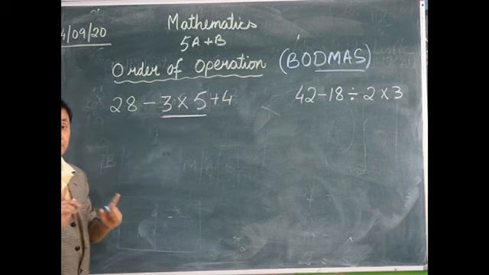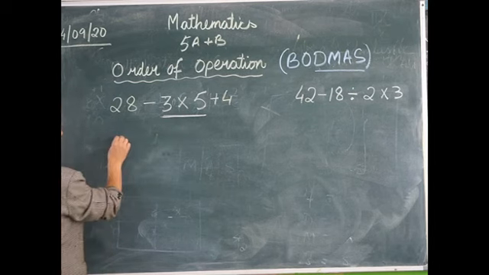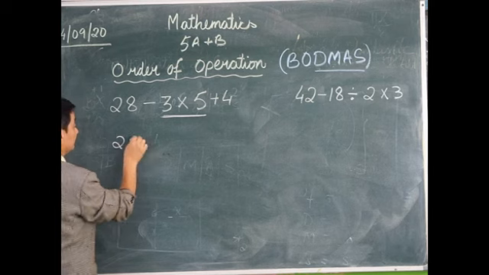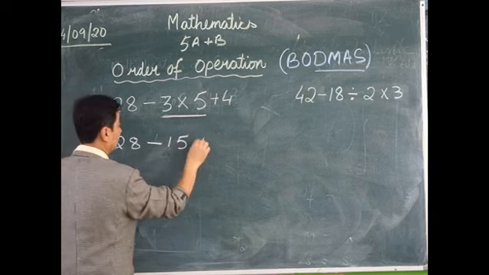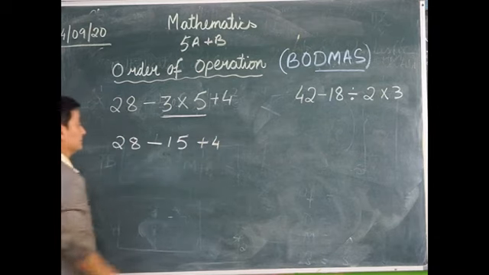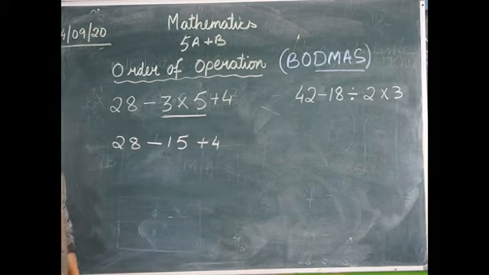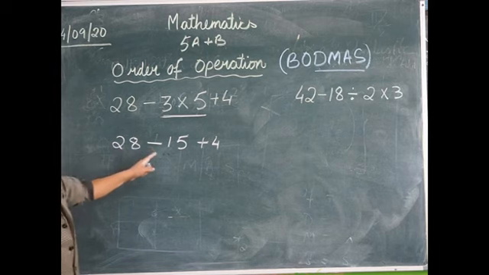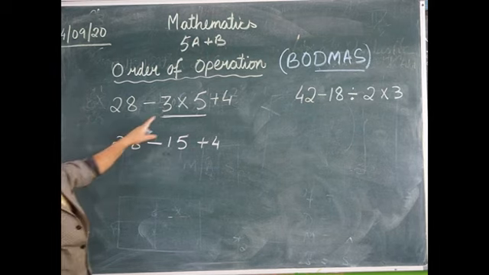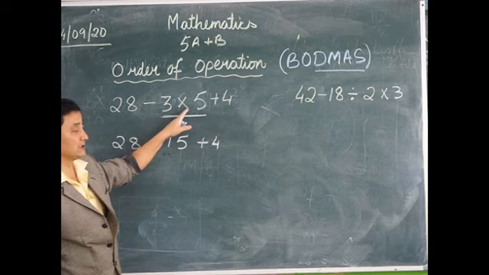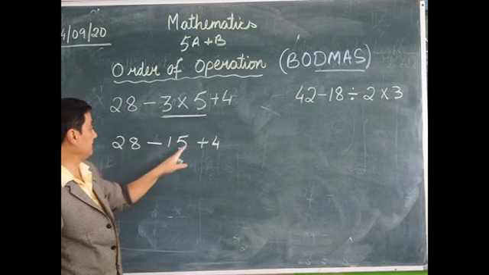So the other numbers remain the same. 28 minus 15 plus 4. Okay? Again, 28 minus 15 plus 4. This number comes here. We have to do multiplication first. So 3 into 5, 15.